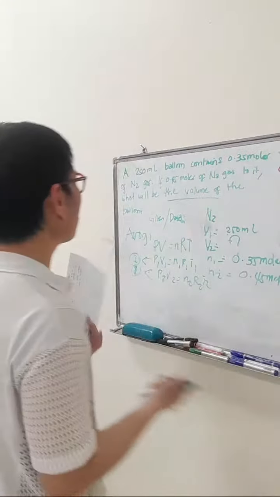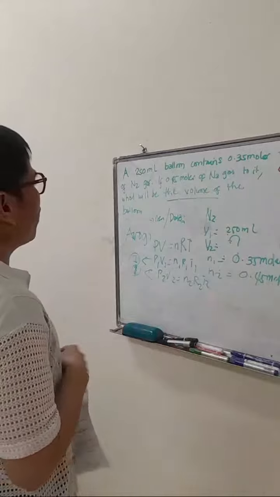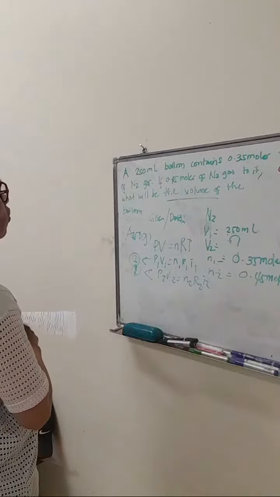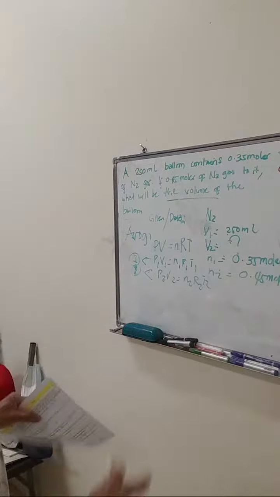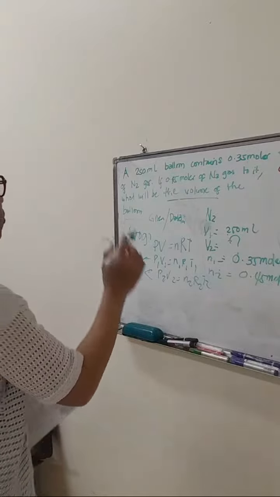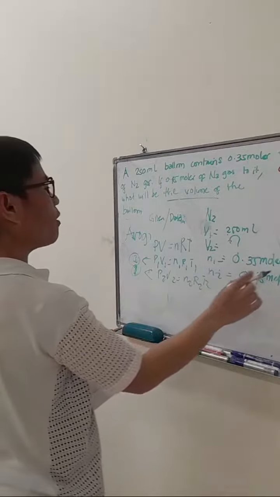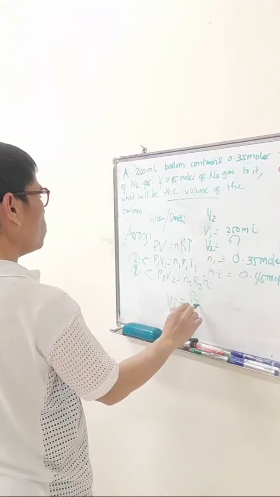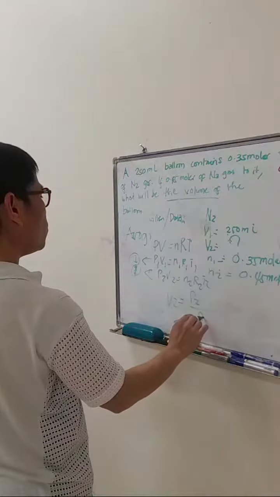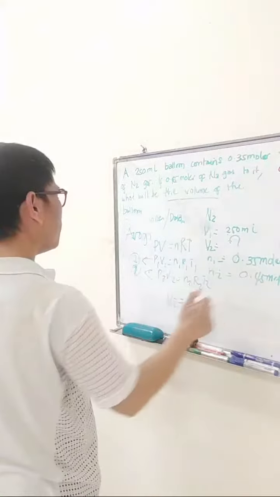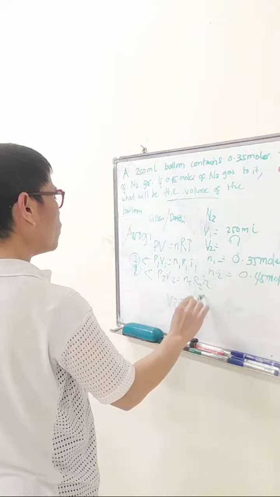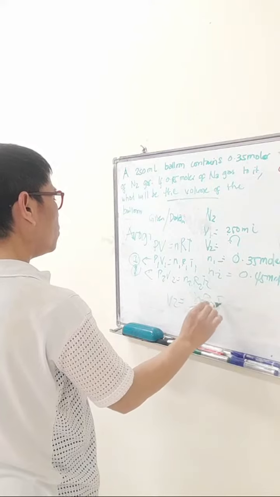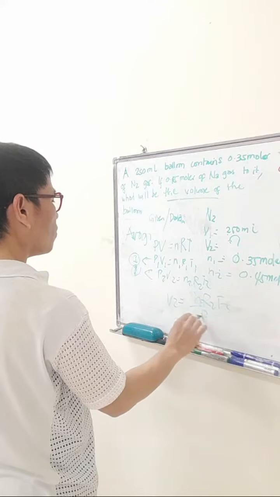Okay, so we need to solve for V2 here. V2 is equal to n2 R T over P2.